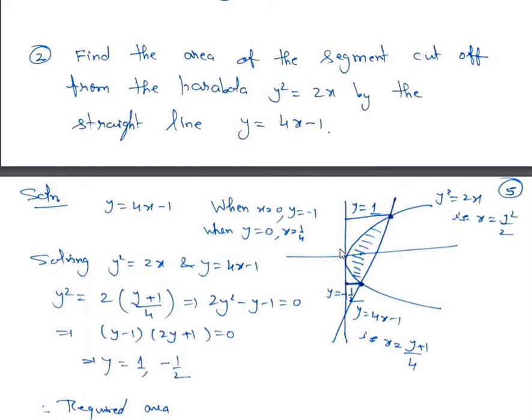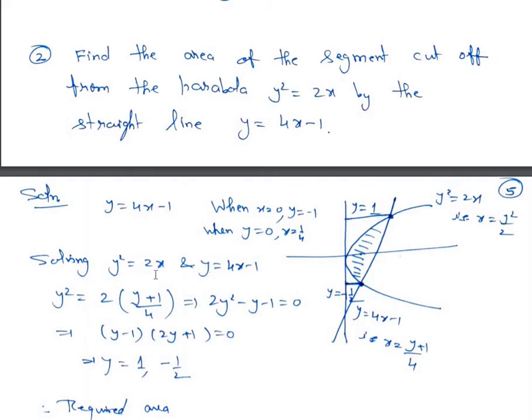So we have to find out area between this parabola and this straight line, is this area. Now in this case, we will make use of the second formula, that is area integral of x dy. Now you solve this parabola and this straight line. So solving y square is equal to 2x and y is equal to 4x minus 1, from here, x will come out to be (y plus 1) upon 4. So put it here.